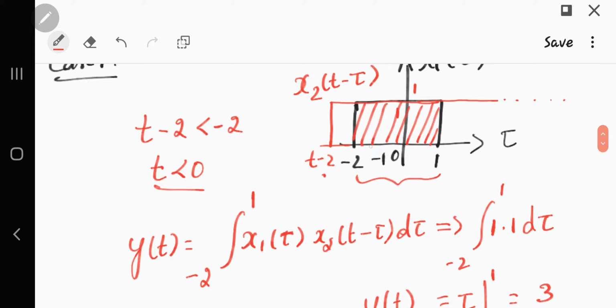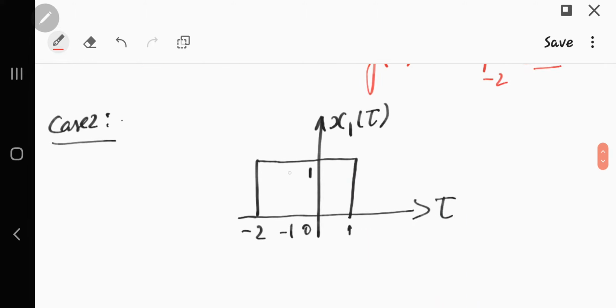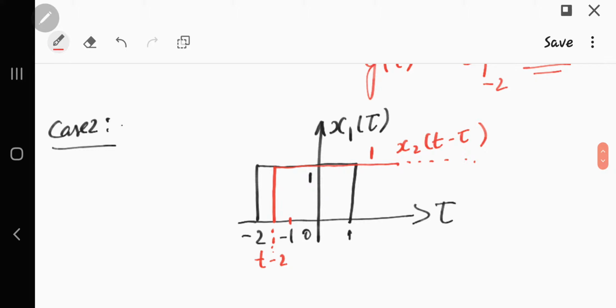Now I will keep this between -2 and -1 in the next case. So I will place it here. Okay. So this is my t minus 2 and this is my x2 of t minus tau with amplitude 1.